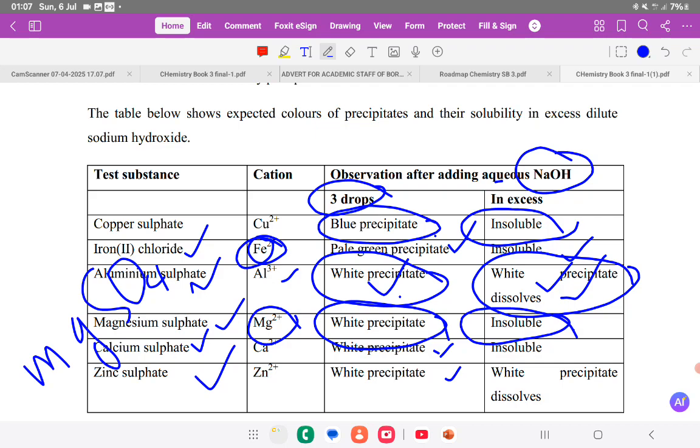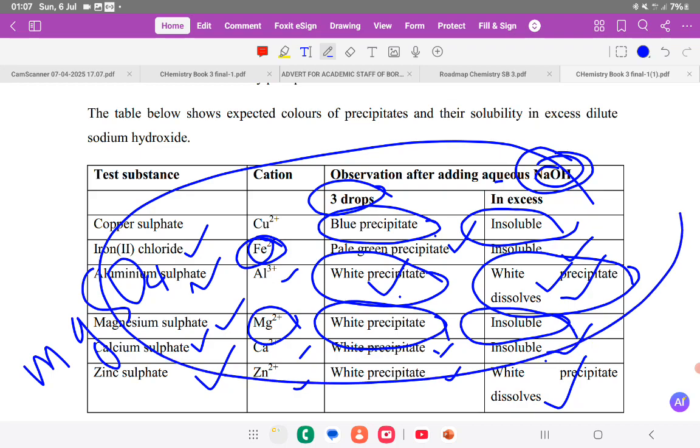But the difference between the presence of calcium and zinc is that upon adding extra sodium hydroxide, the white precipitate will remain insoluble for calcium sulfate, but for zinc sulfate, it will disappear. So in calcium sulfate, the white precipitate will remain there, but in zinc sulfate, the white precipitate is going to dissolve.